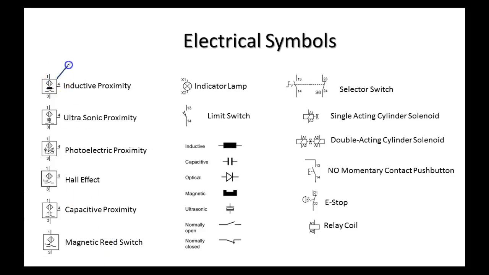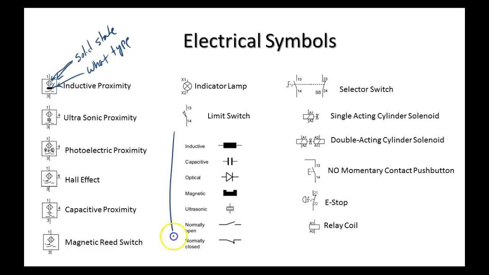So if you see this block and see these symbols, so these two symbols combined means it's a diamond within a square. And of course these are the pins. This tells us what type of sensor it is.